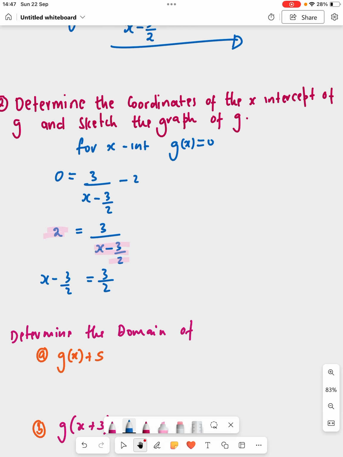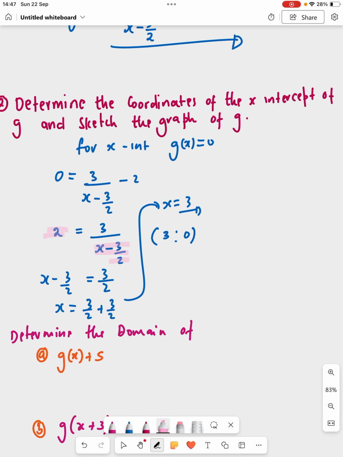And then transpose 3 over 2, I'm going to have x is equal to 3 over 2 plus 3 over 2, which is the same as x is equal to 3. Now, if we write it in coordinate form, 3, y is 0. So that is our x-intercept.